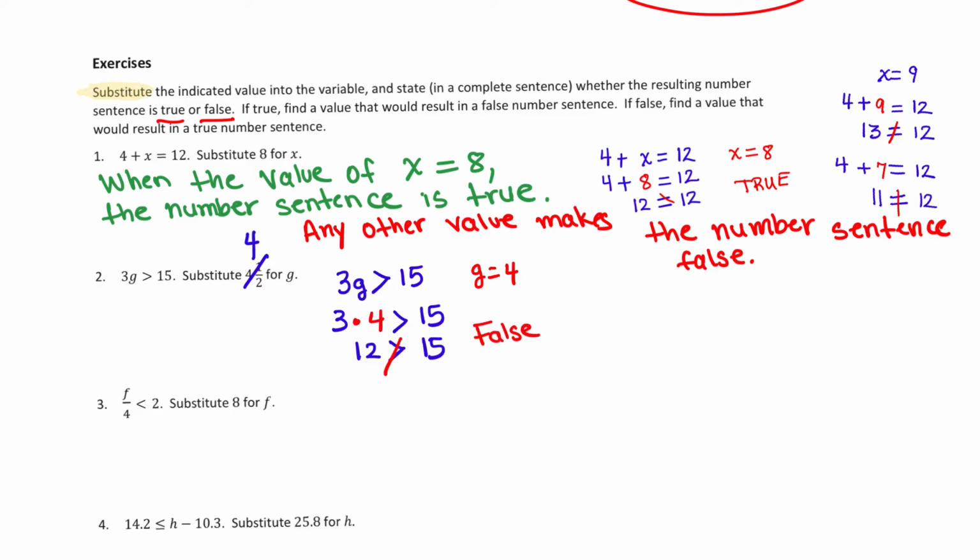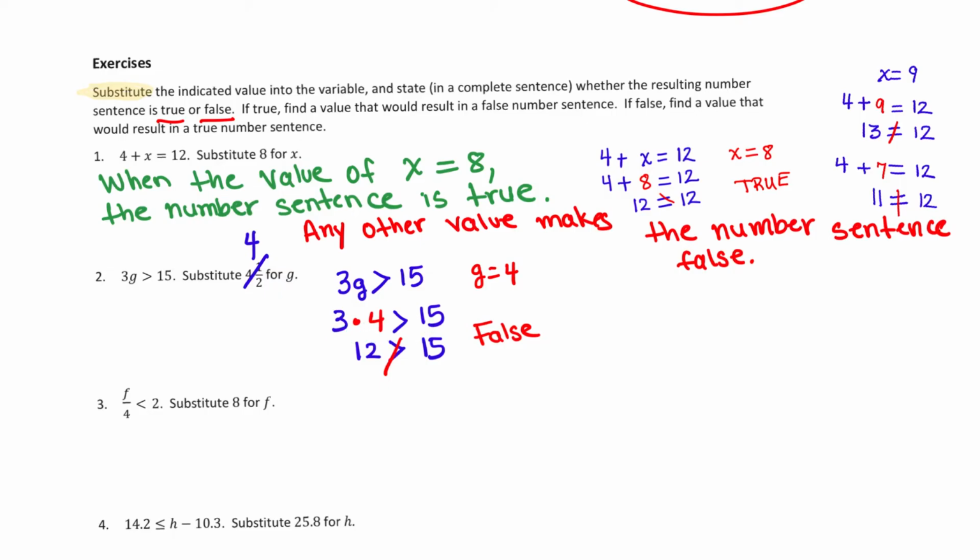Now we have to find what can make this statement true. If you look at it, we're looking at a 4, and we want this number to be greater than 15. We're multiplying, so the number we pick has to be bigger than 4. Notice that if we pick 5, 3 times 5 is going to give us 15, and it has to be greater than 15.